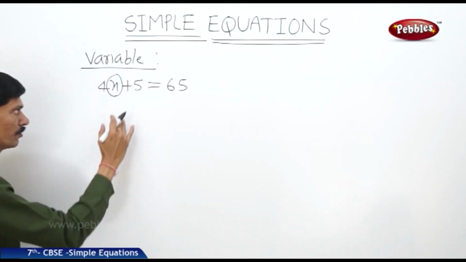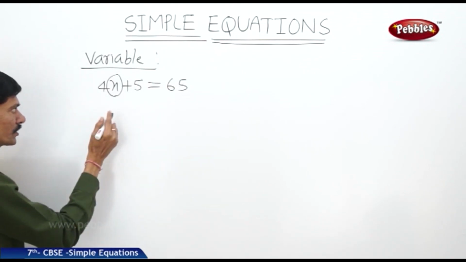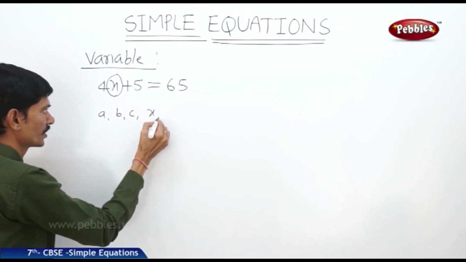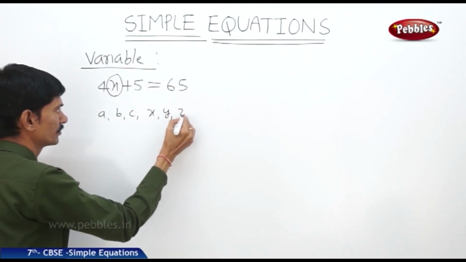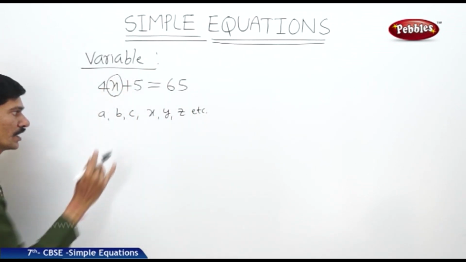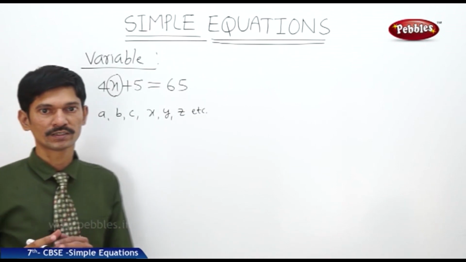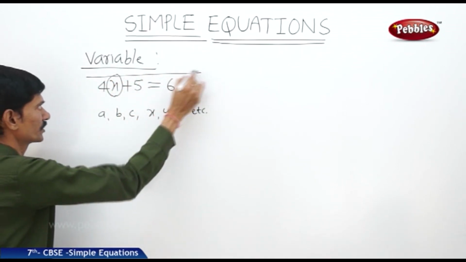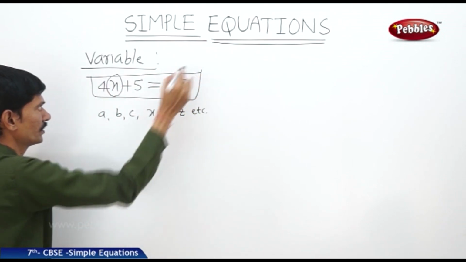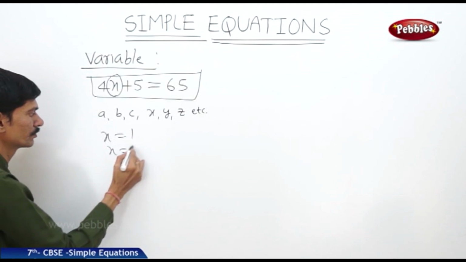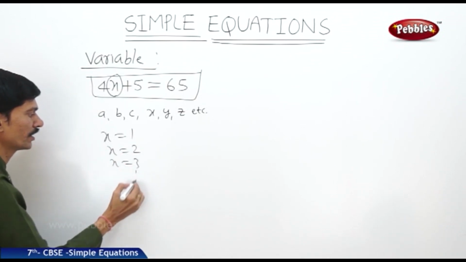Usually the variables are represented by the lowercase letters like a, b, c, x, y, z, etc. Now the variables can take any value from any number set. For example, in the equation 4x plus 5 equals 65, x may be 1 or x may be 2 or x may be 3 or any number.